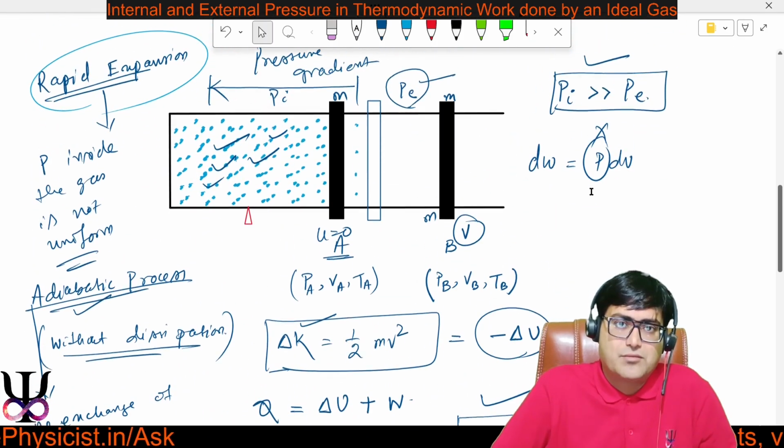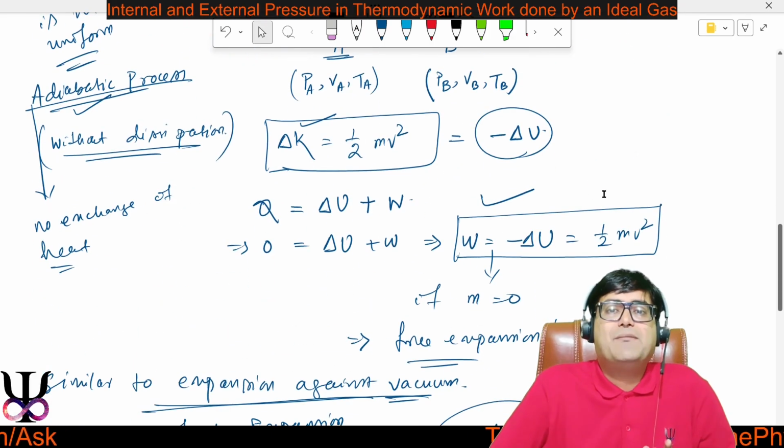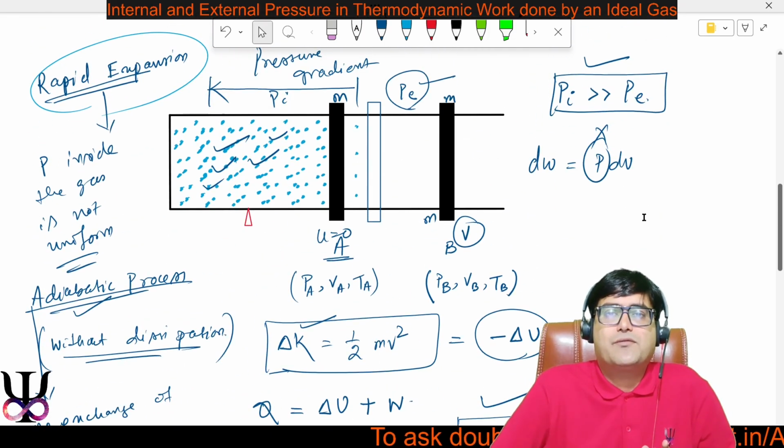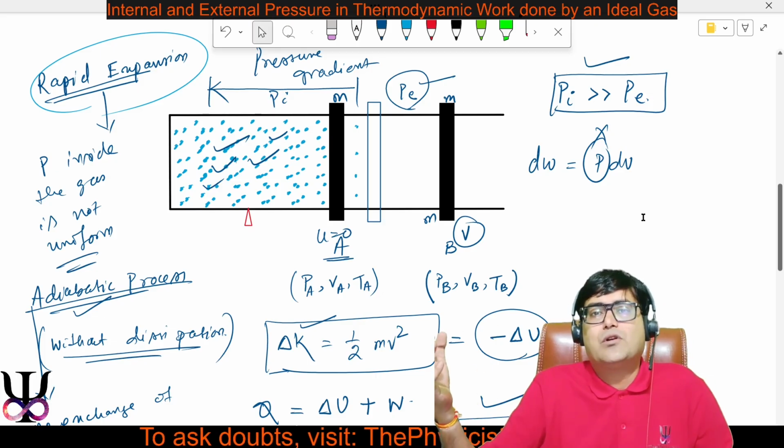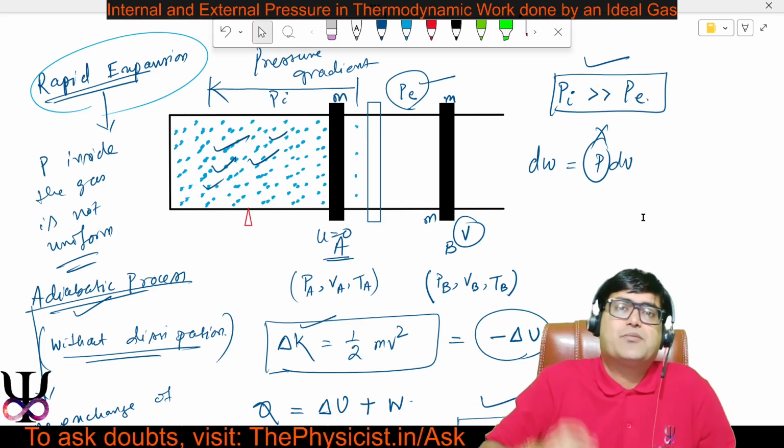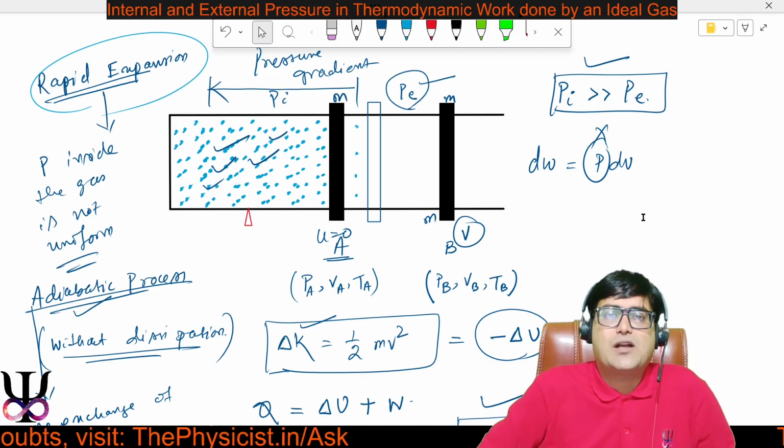work done? Now you might be wondering, what if there is no vacuum on the other side, but there is a piston of zero mass?